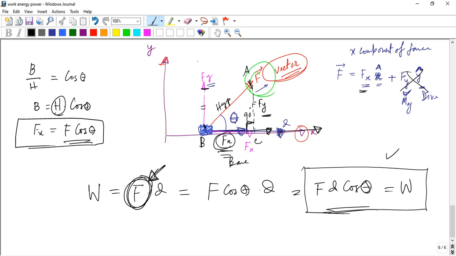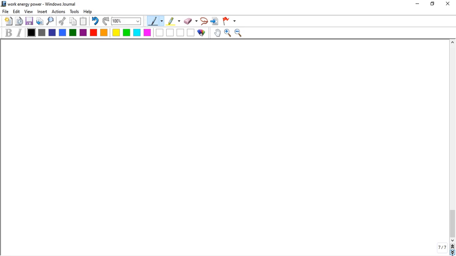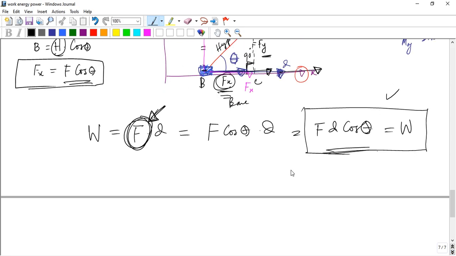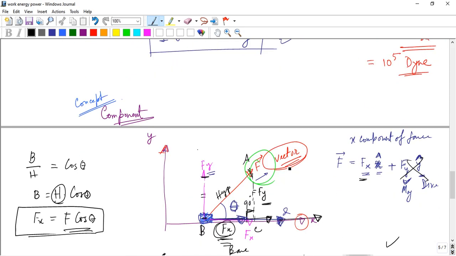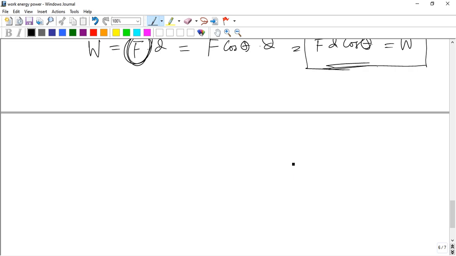Now suppose we discuss an example of variable force in work. This is a very important point.